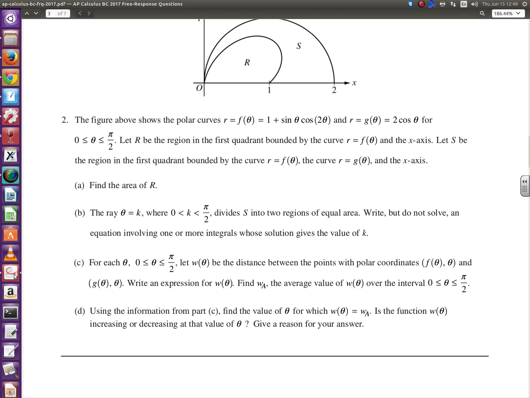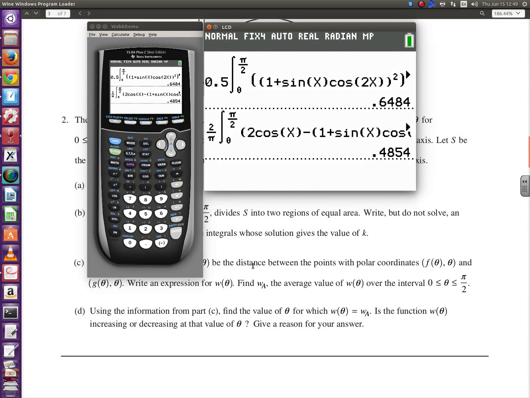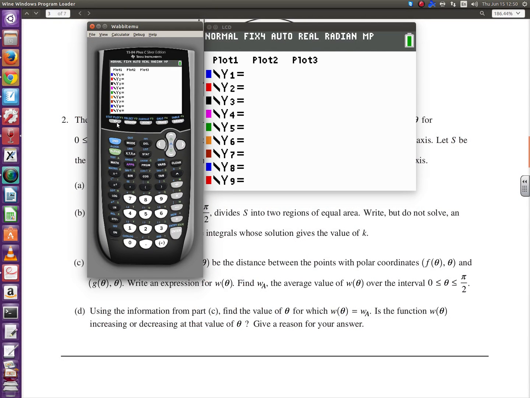Well, we could do this in function mode. All right, so I'm going to go back into the calculator, and Y equals. I'm going to make Y1 equal to f, just so I know which is which. So it's going to be 1 plus sine of X, cosine of 2X. I should have done this at the beginning. Okay, good.